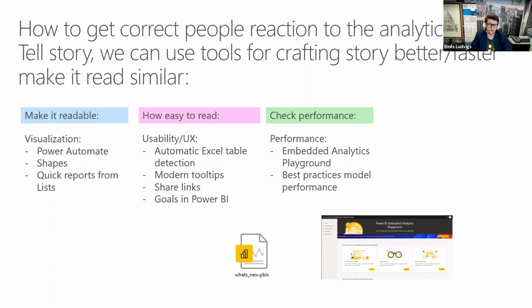Because previously, before February, they just put everything in three big categories like data, custom visuals, and reporting, and then you needed to find out what's happening where. Now they even have nice visual tags for what is in preview, what is premium, what's Gen 2, and updates.